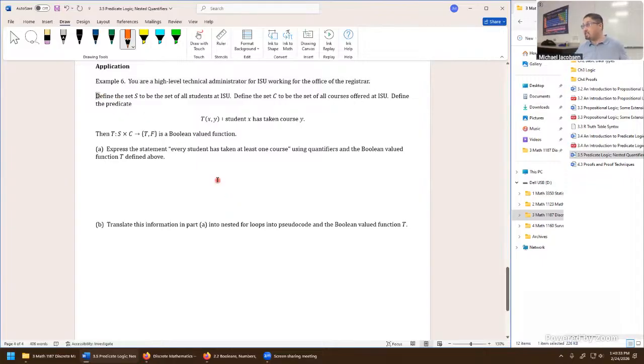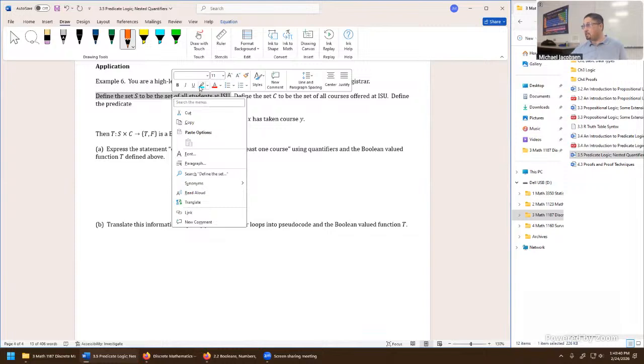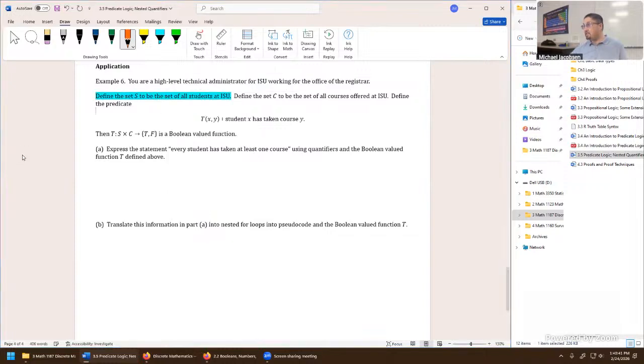We're going to define the set S to be the set of all students at ISU. We can take that to mean, even though it's not precisely stated, all current students and possibly also all past students of ISU. The registrar needs to keep track of everyone at the same time, whether they're current or former students. We're going to define the set C, or as our next database, to be the set of all courses offered at ISU.